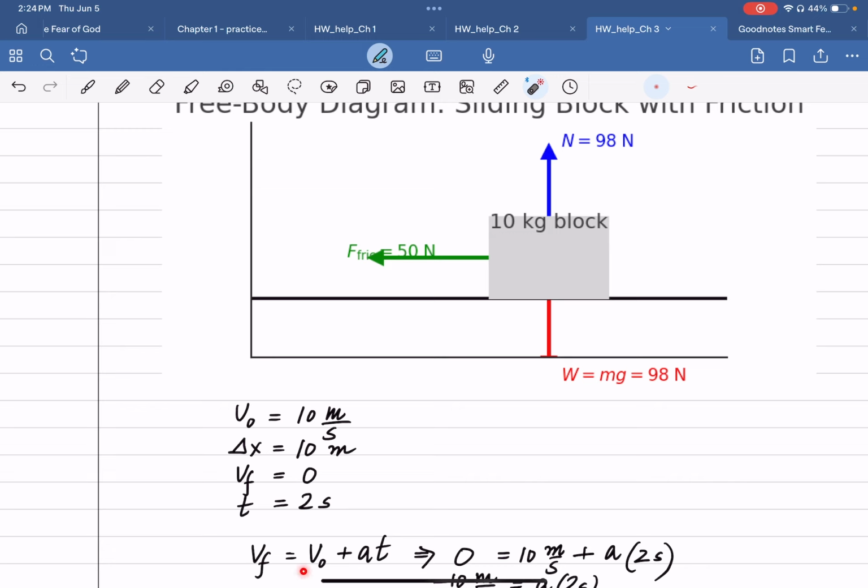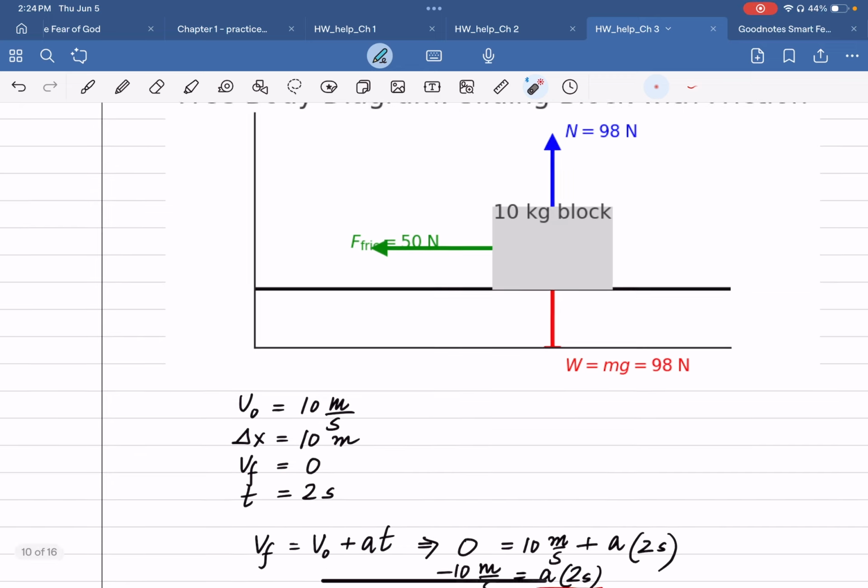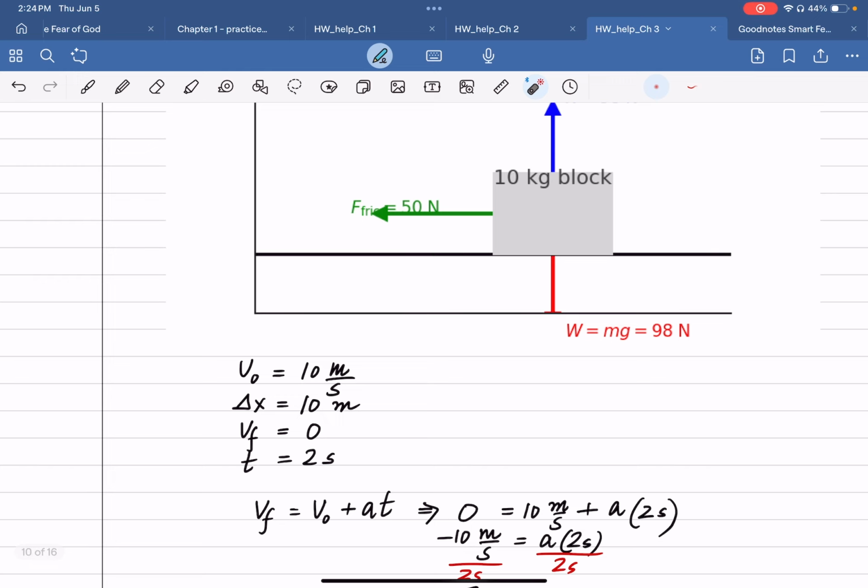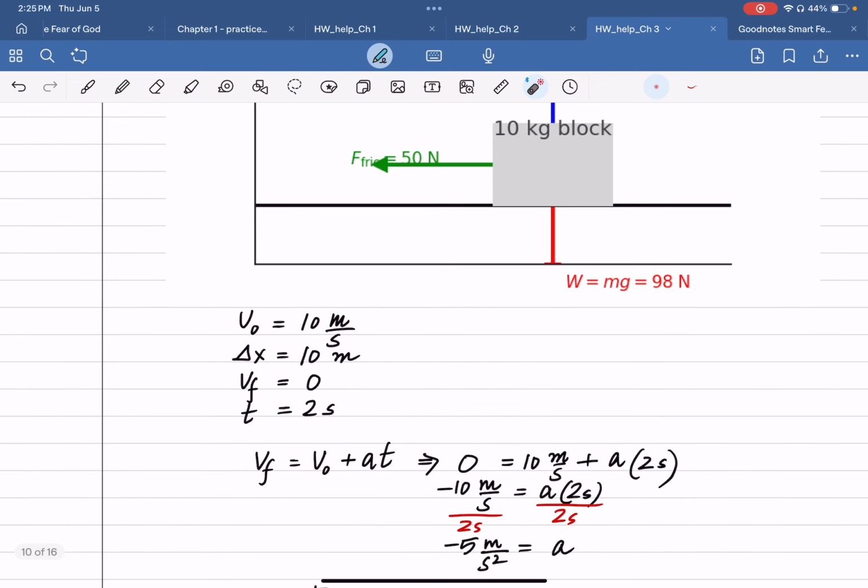but to find the acceleration, you don't need to use all of this. You can see I've used this, and final velocity is 0, right? Is equal to initial is 10 meter per second plus a times 2. Then, like in the last case, subtract 10 from both sides. That gets canceled here. You get this. Divide both sides by 2 seconds, and you get the acceleration is negative 5 meter per second squared.